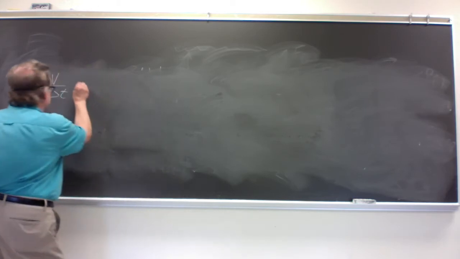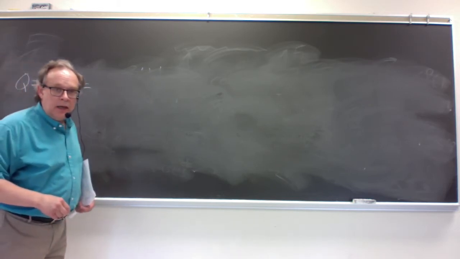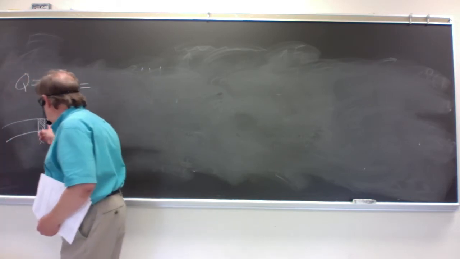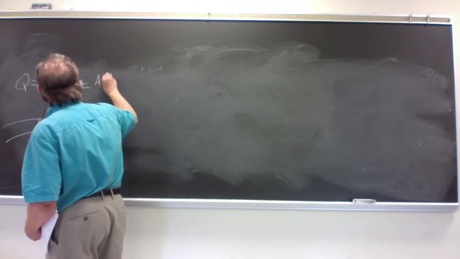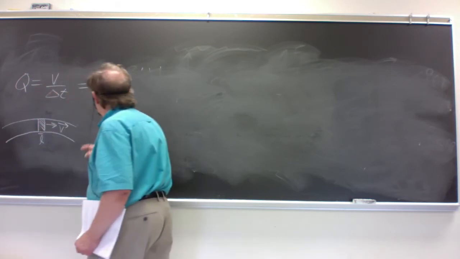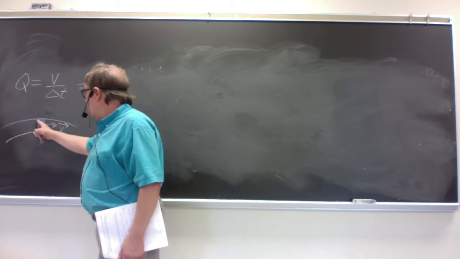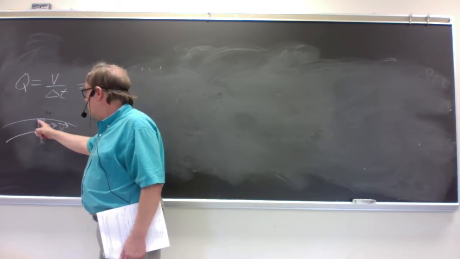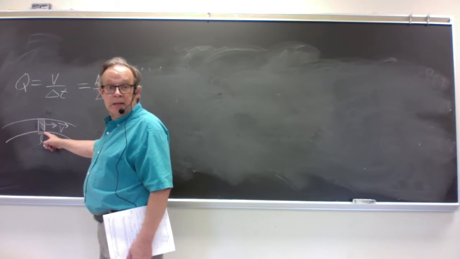So the flow rate, the volume that flows by, is just area times length divided by delta t, but delta t is the length of time it takes all this part of the volume here at the left-hand end to make it all the way across by a distance L.